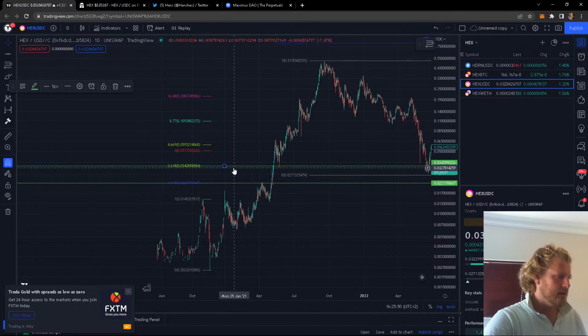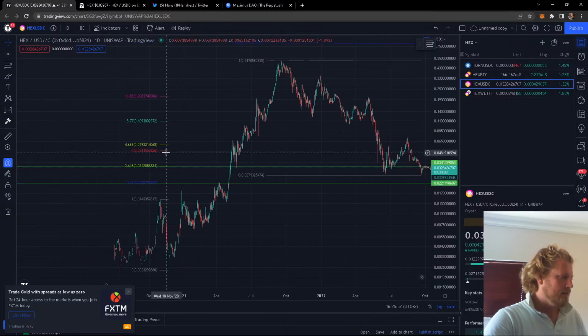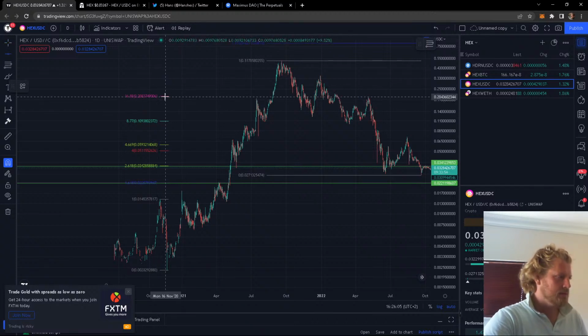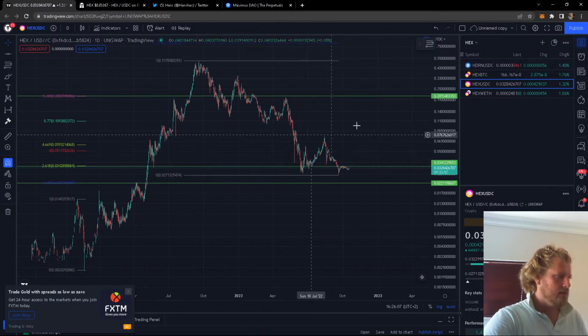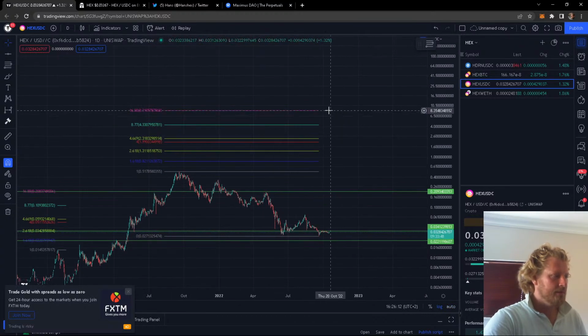This is where we're currently at, and we've found it's acting as resistance currently. Then you have your 4, your 4.6, the 8.77, and the 16.88. This outperformed this, the 16.88. So these levels are very much reasonable. And the top end of this is at the 1688, which shows like $8.3.